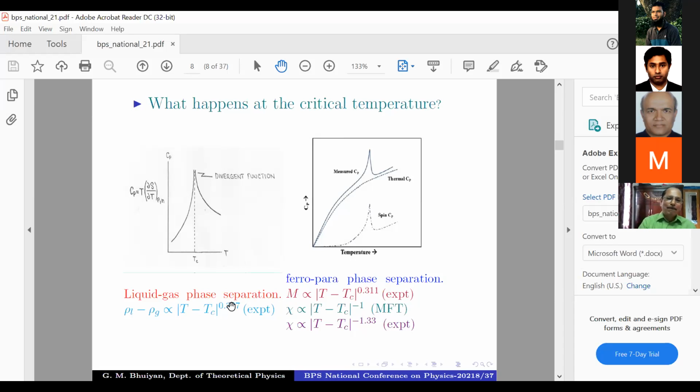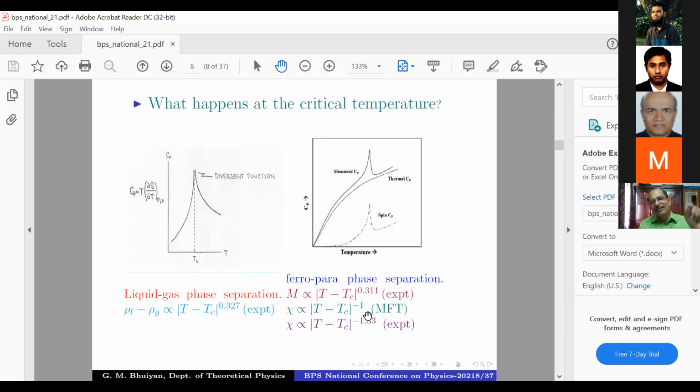Now, if we look at the magnetic susceptibility, from the theory, if there are students in the audience in the third or fourth year of solid-state physics, they study magnetism and particularly mean field theory, which they call the Curie-Weiss law. From the Curie-Weiss law, they see that chi, the magnetic susceptibility, follows an exponent of -1.